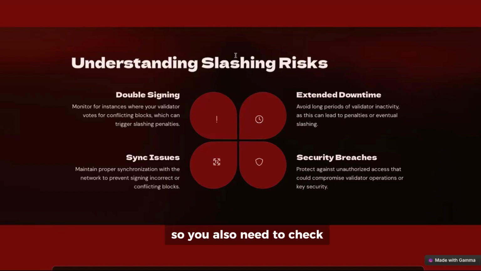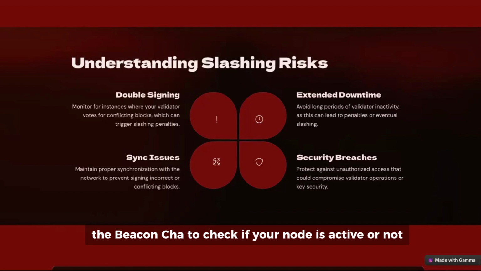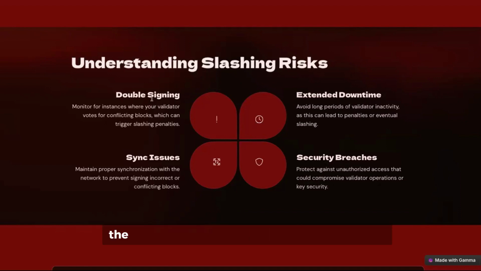So you also need to check the beacon chart to check if your node is active or not. But the best practice is to make sure you don't have your validator keys running on two or more machines.